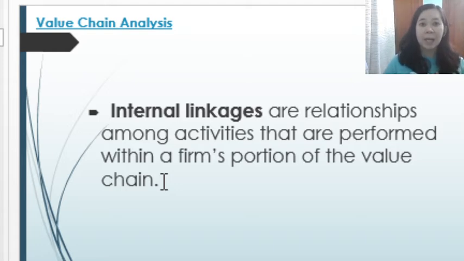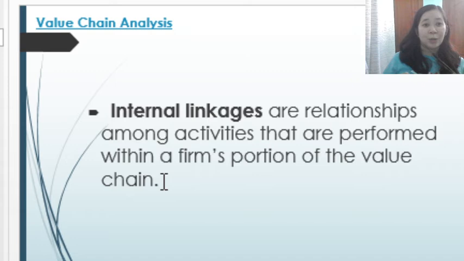Normally, for production alone, there are a series of economic activities involved, for example selecting the supplier, purchasing the input, and processing the input. In the process of turning the input into finished goods, it has to go through different departments or processes.